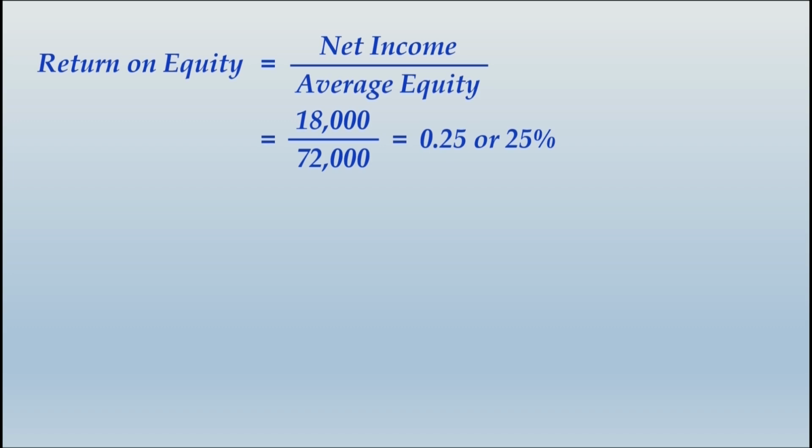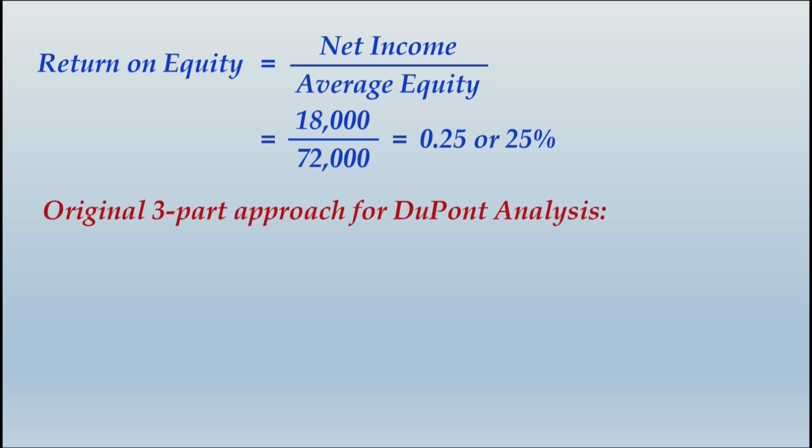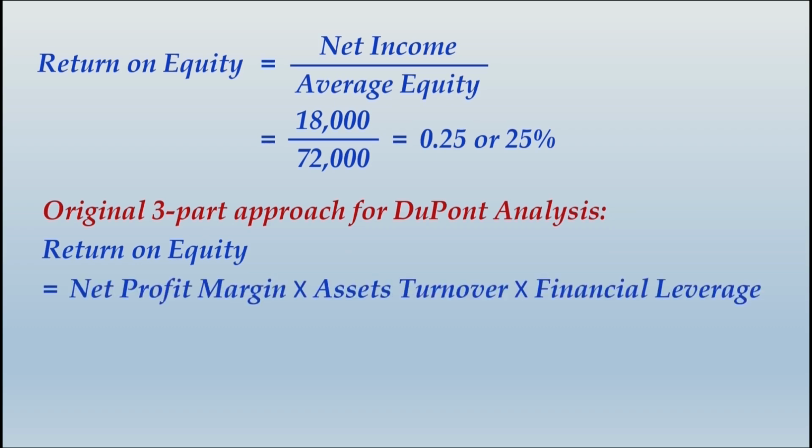So if we go with the original 3-part approach for DuPont analysis, we would say return on equity is a product of net profit margin into assets turnover into financial leverage, and that will be 0.05 into 2 times into 2.5 times, and when we multiply these three, what we get is 0.25 or 25%.